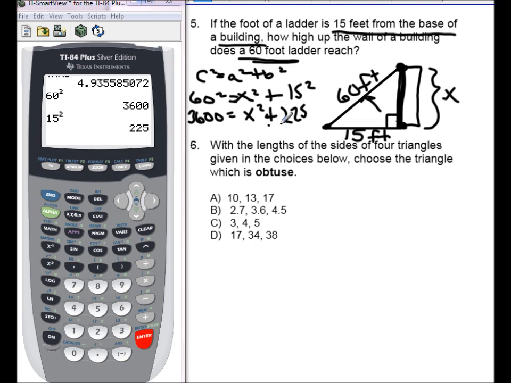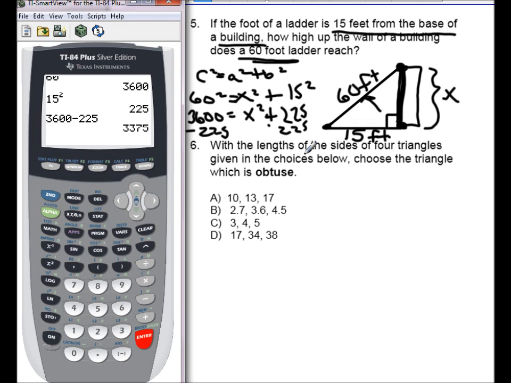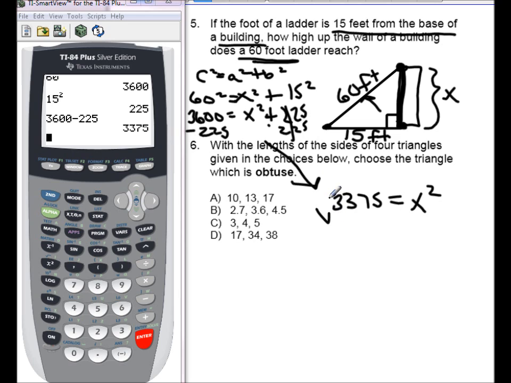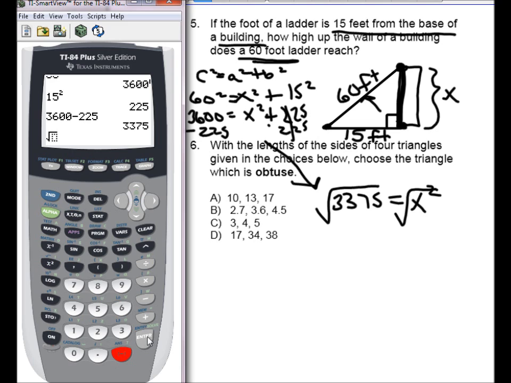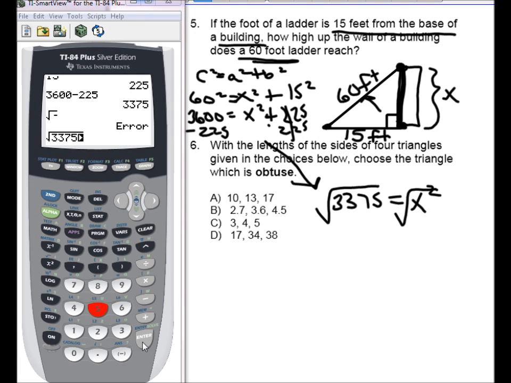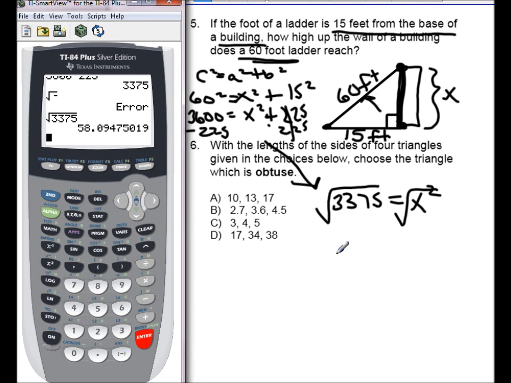I'm going to subtract 225 from both sides of my equation. And I get 3375. 3375 equals my x squared. And in order to find x, I want to take the square root of both sides of my equation. So the square root of 3375 is 58.09, which we want to the nearest tenths. So x is 58 point, round this 0 up to a 1.